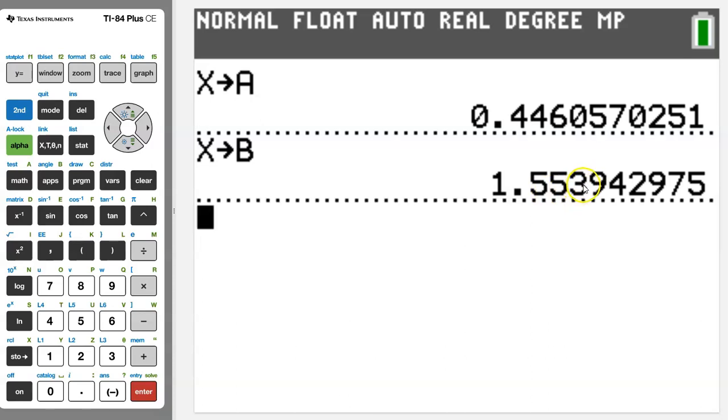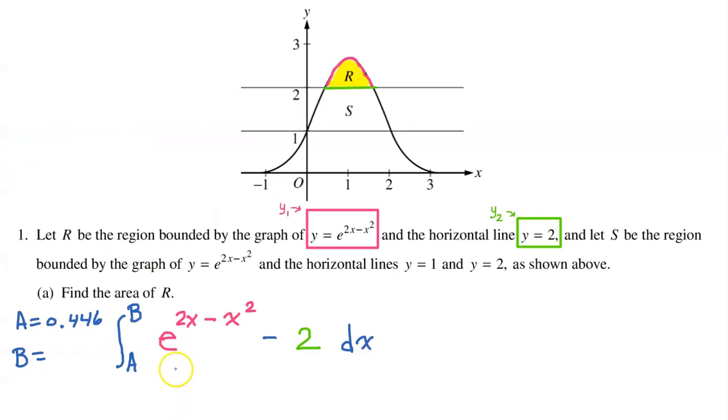Doesn't matter if you round up or if you just truncate and put 1.553. I always round because that's what I'm used to. So I'm going to put B equals 1.554.